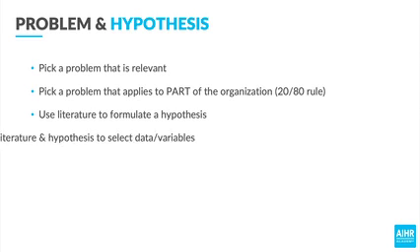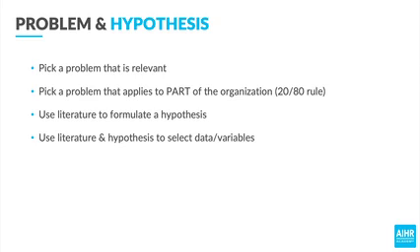In the next step, you use both literature and the hypothesis to select the relevant data and variables. A lot of companies start by just digging through data and trying to answer the question without looking at literature. And usually after they've successfully completed a number of projects, they then see that almost everything they did was already in literature.